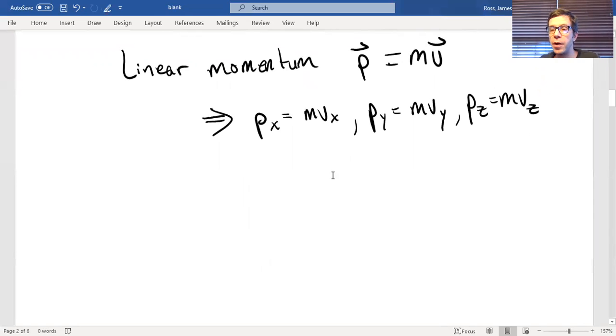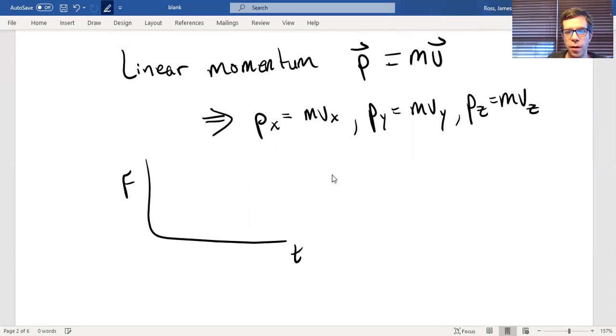All right, so this is going to be very useful when we talk about collisions, because we can have energy loss during that collision and it's very hard to deal with. We've talked about in the past how spiky a force versus time can look when two things collide, and it's very hard to know what that looks like.